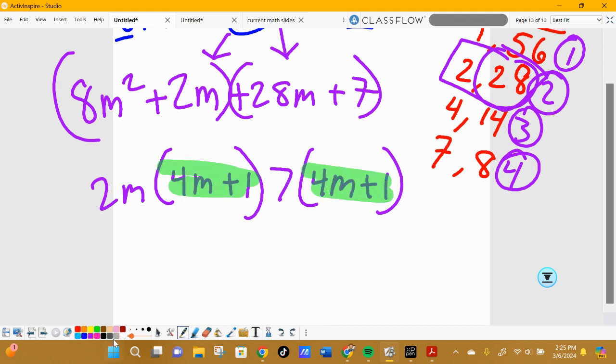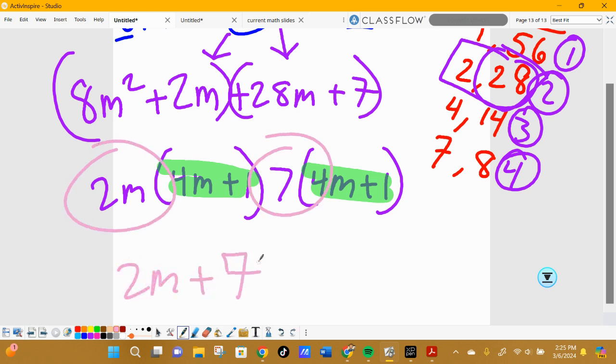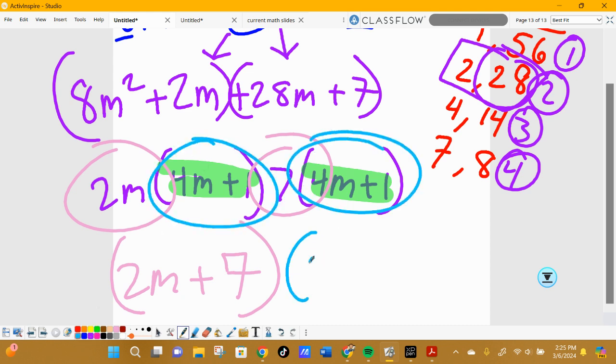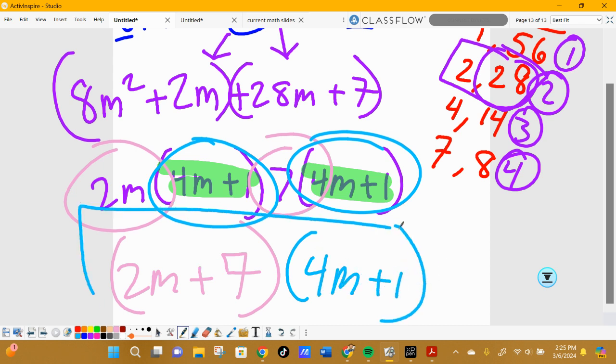So take 2m plus 7, that's your first binomial, and then 4m plus 1. That ends up being your final answer.